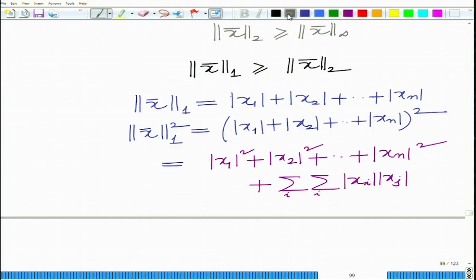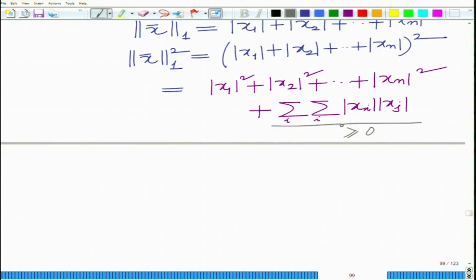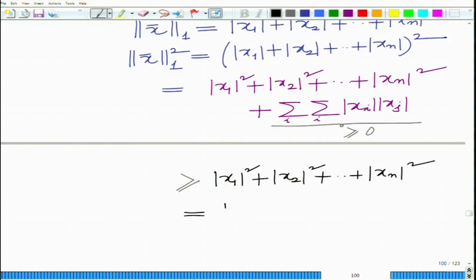Now, the sum of all these cross products is greater than or equal to 0, because the magnitudes are positive. This implies that this is greater than or equal to magnitude x1 square plus magnitude x2 square plus magnitude xn square, and this is nothing but the 2 norm square.